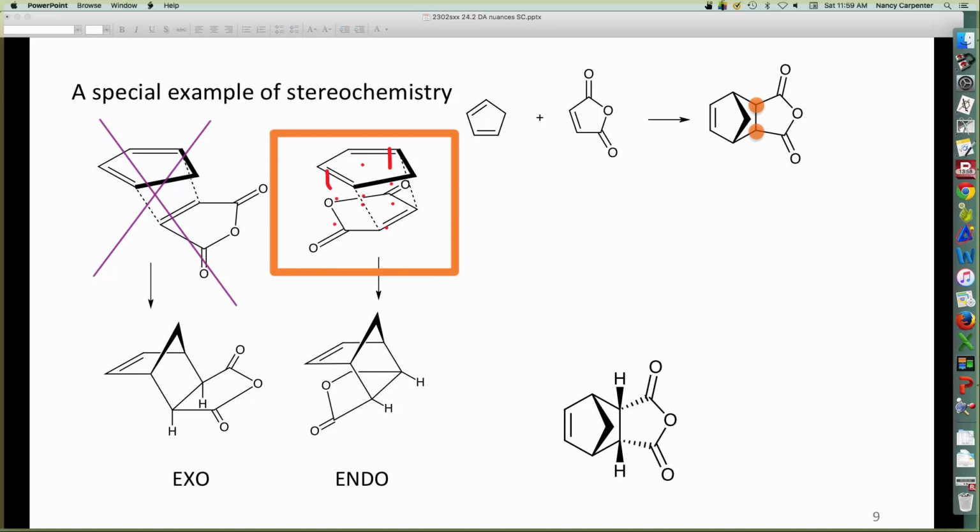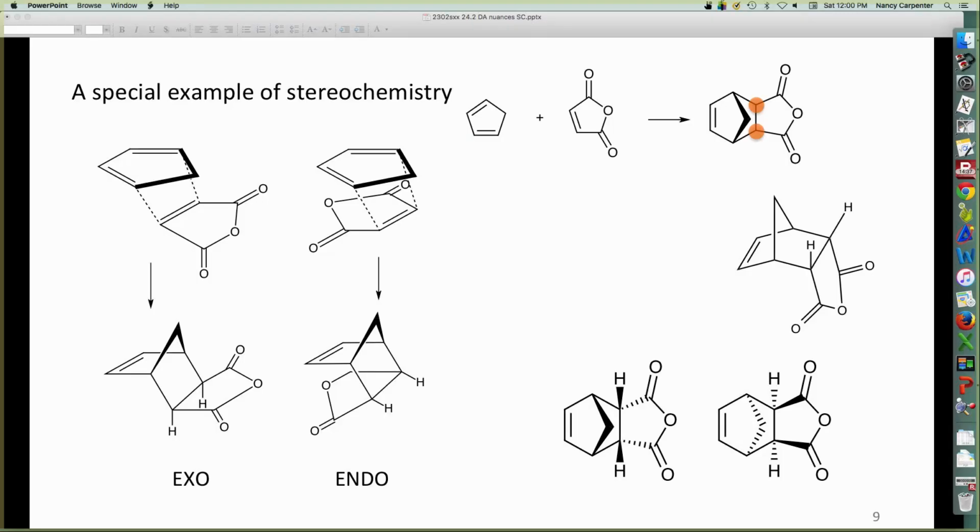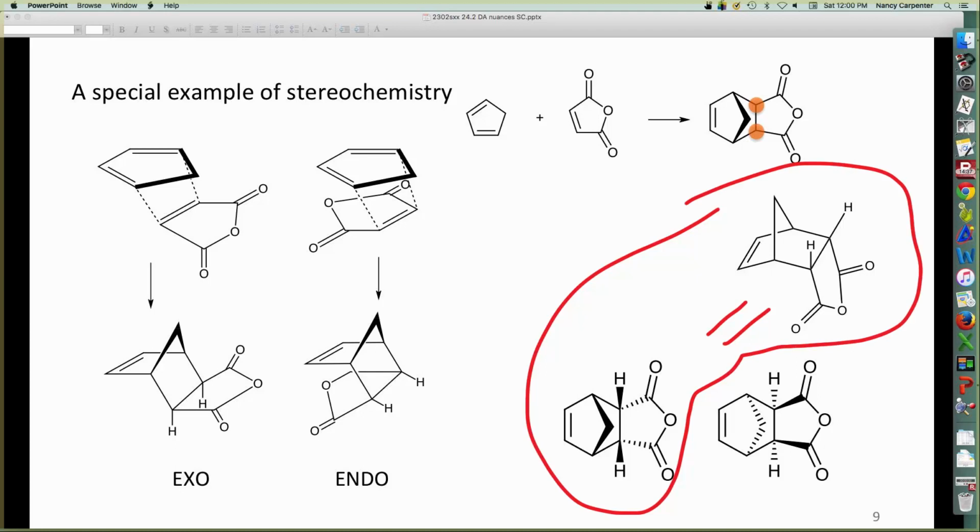So the bottom line is endo is what's favored, exo is disfavored, and what you get then is a racemic mixture of the two endo products. So when it gets right down to it, these two actually are representations of the exact same thing. These two are a perfect match. If you really want to understand it, you should make a model, and I will remember to bring some models of these to class to hand around.